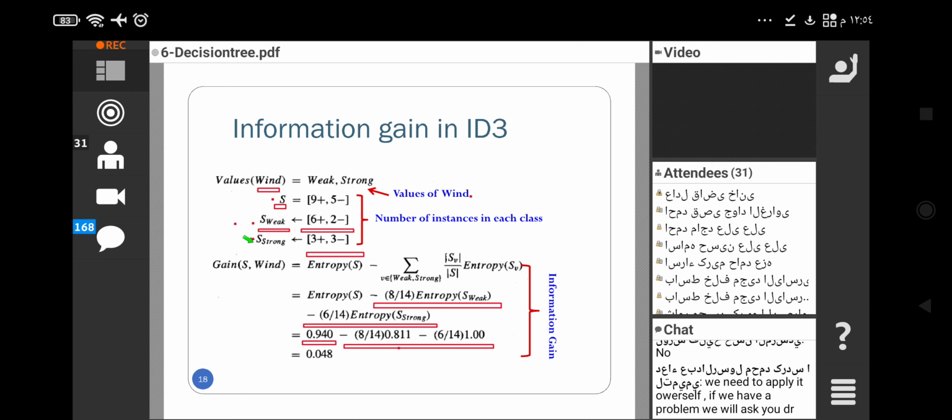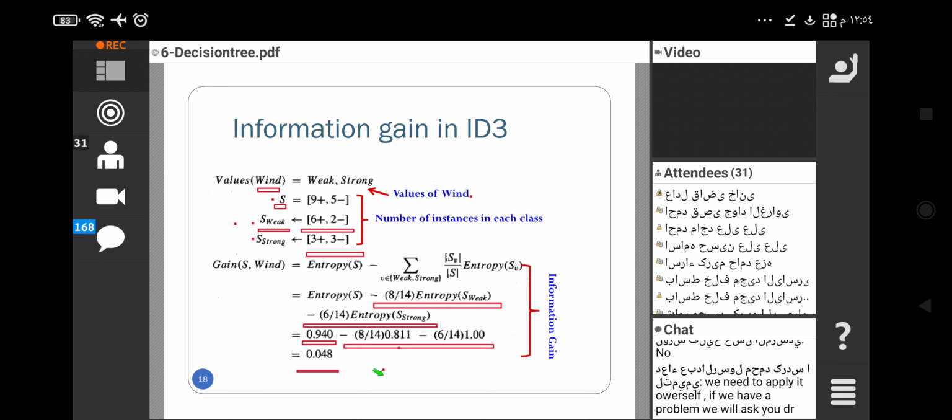Okay, and so the gain of the feature wind is equal to 0.04. So the information gain is this value for the feature wind.